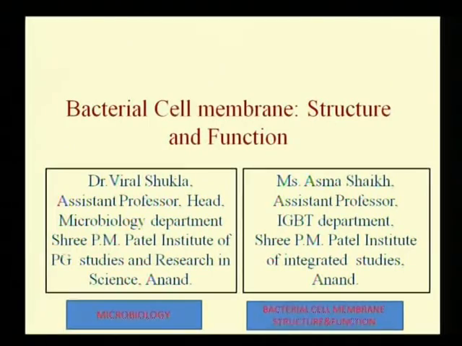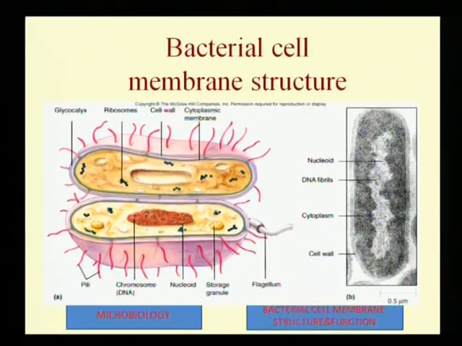Today we are going to discuss a very interesting and vast topic, that is bacterial cell membrane structure and function. As we can see from the slide, this is a bacterial cell membrane structure.